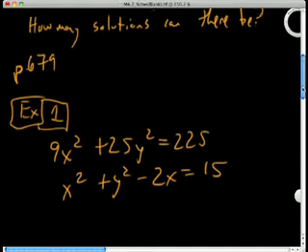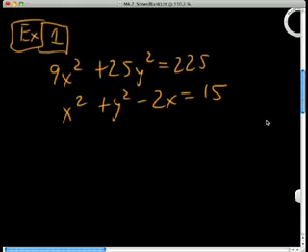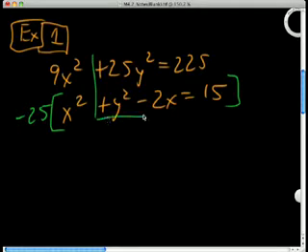So I'm going to try to solve for one of these variables at a time. In this case, I'm going to try to solve for the x's. I believe this is what the book does. They choose to use elimination and multiply this second equation through by negative 25, because notice that's going to give us opposite y's. And if I can eliminate the y's, then I'll have an equation in terms of just the x's, and even if it's a quadratic or whatever, I still could solve that equation.